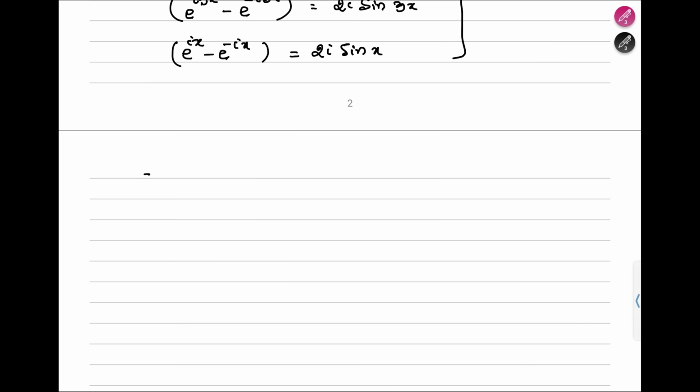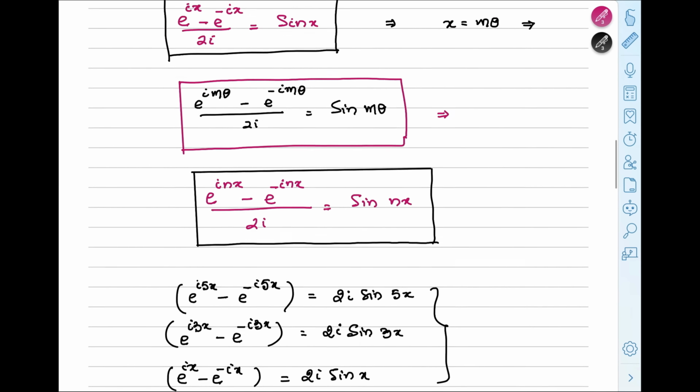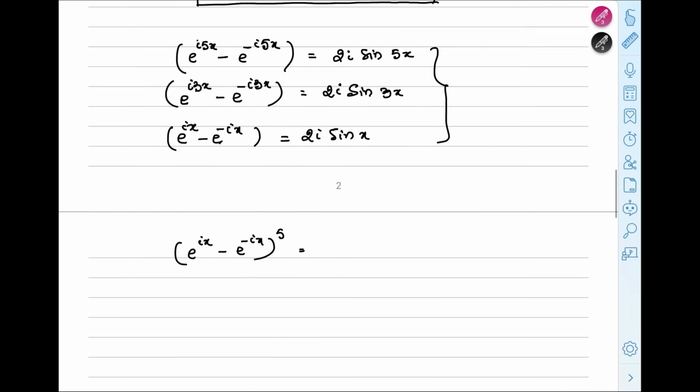Therefore, (e to the power of ix minus e to the power of minus ix) to the power of 5 is equal to how much? e to the power of 5x minus e to the power of minus 5x, it is nothing but 2i into sin 5x.